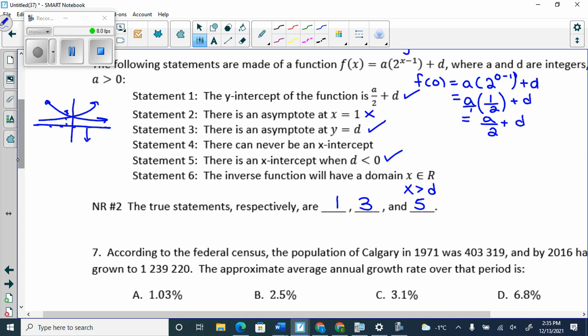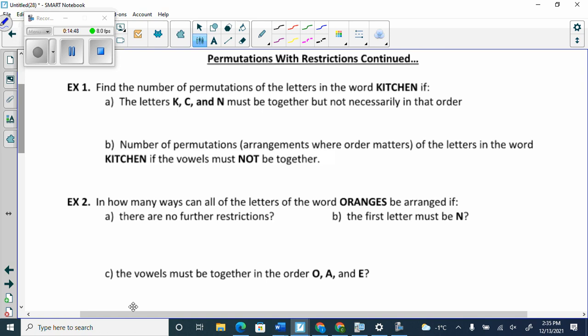Okay. Can we go to our notes? I want you to go to here. Permutations with restrictions, continued. So, here it says the number of permutations in the word kitchen. Now this is what I'm going to get you to do with all of your words: you're going to rewrite them out. It's going to look really stupid right now because we have no doubling and tripling up. But I'm going to write Kitchen, and the reason I make you rewrite it is to count it out properly.